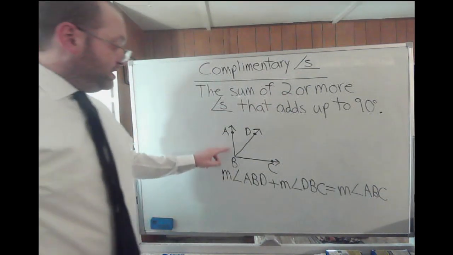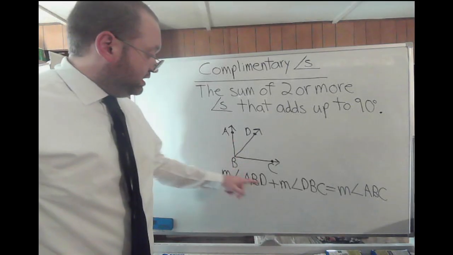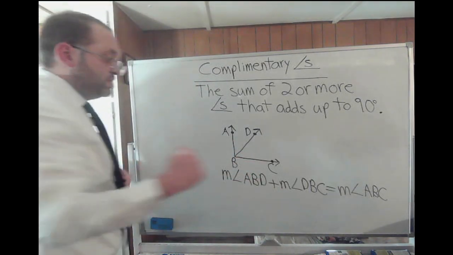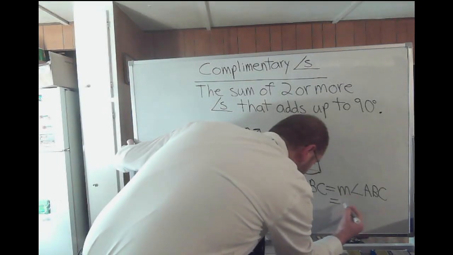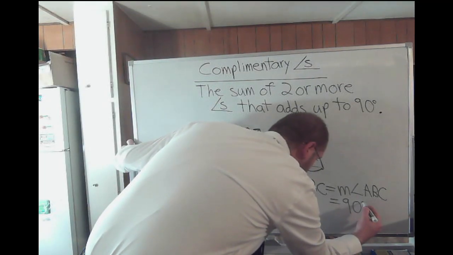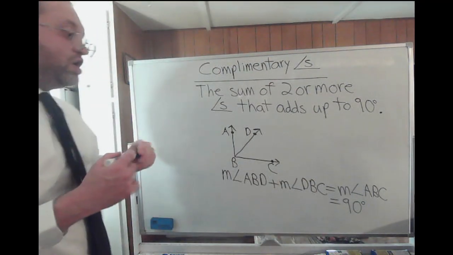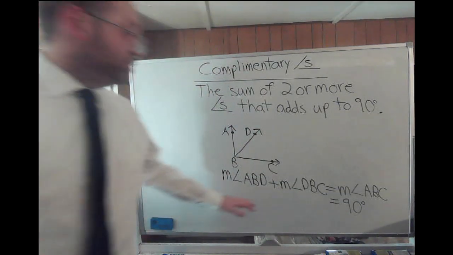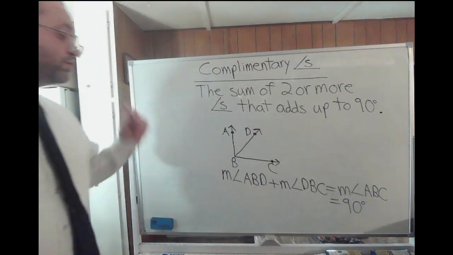So if you add up the measure of angle ABD plus the measure of angle DBC, it's going to equal the measure of angle ABC, which would equal 90 degrees. Complementary angles always equal 90 degrees. They always come to a right angle.